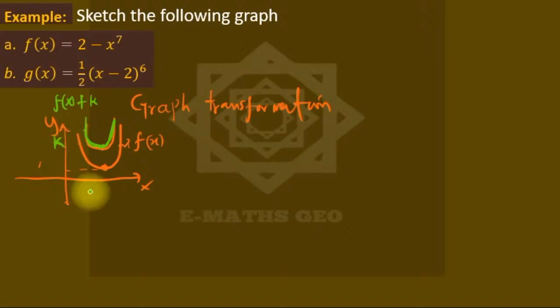But if it's down, that same function shifted down, what we have is minus k. So up is plus, minus is down.